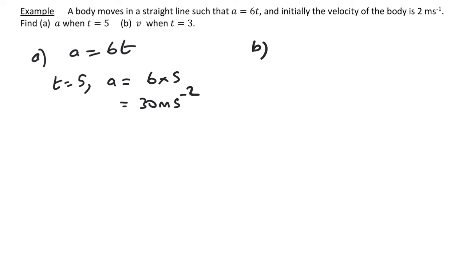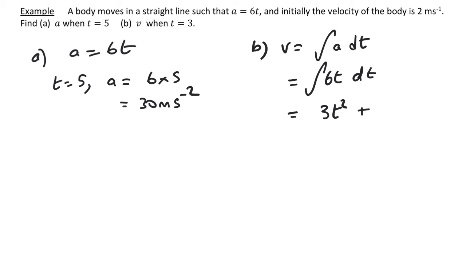Part b, we want to find the velocity. Now, velocity is the integral of a with respect to time. So that's going to be the integral of 6t dt, which is 3t squared plus c. So velocity is 3t squared plus c.